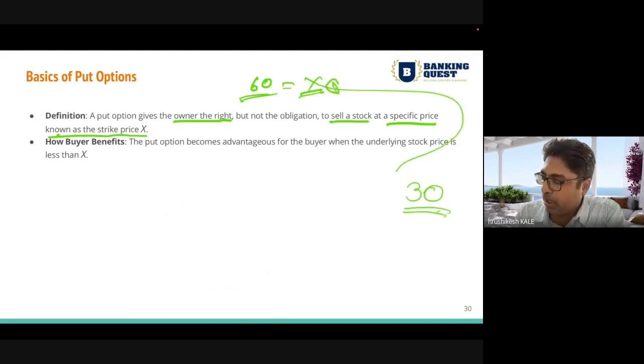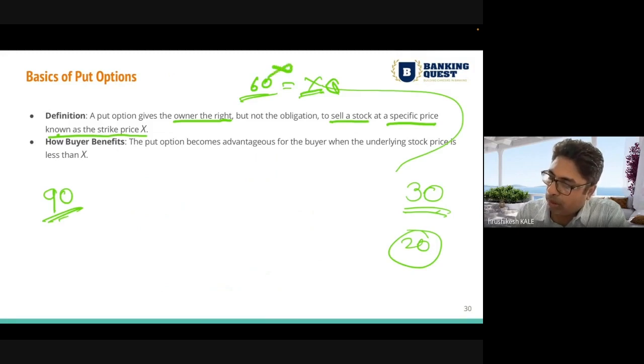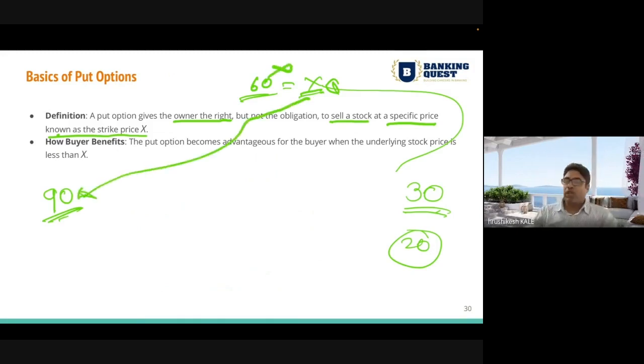If in the market the price is 20, still you can sell it at 60. If in the market the price is 90, you forget this contract, you can directly go and sell it in the market because you have an option. And that is nothing but put option.